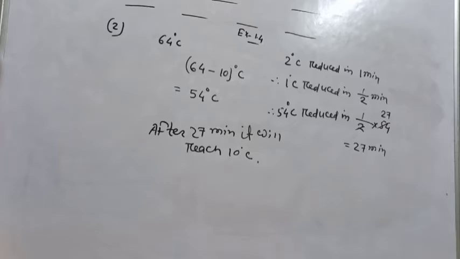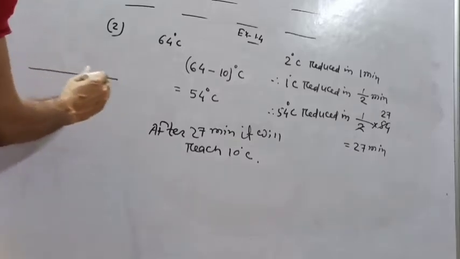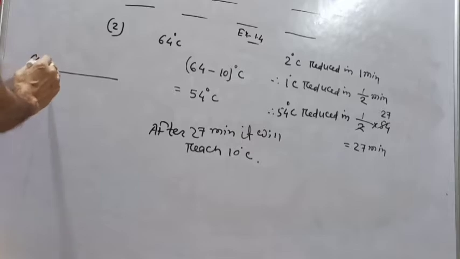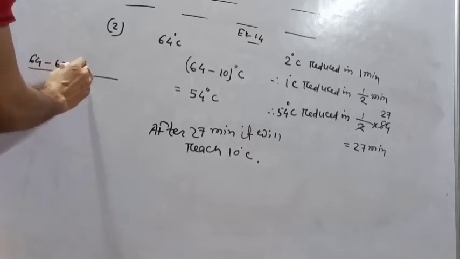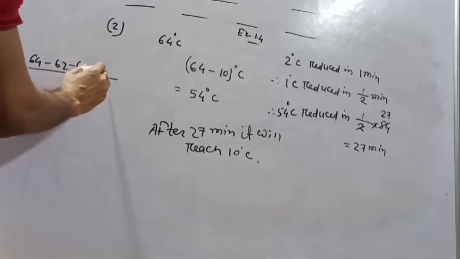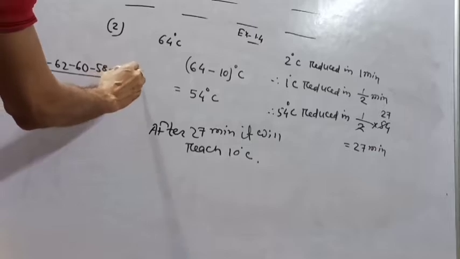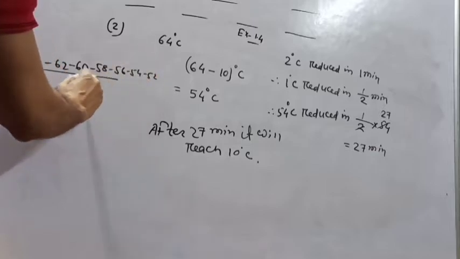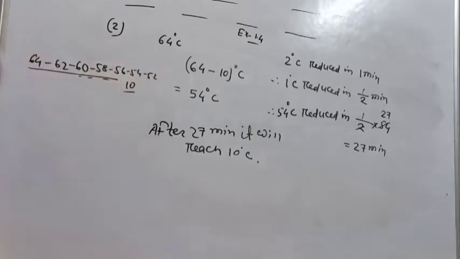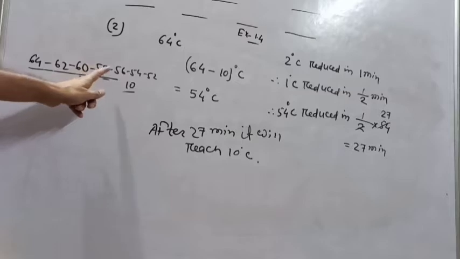In 1 minute, you see it will go this way: 64, then 62, then 60, then 58, then 56, then 54, then 52. Like this, 10 degrees will come. After how many? 27 minutes. Here to here 1 minute, 2 minutes, 3 minutes, 4 minutes.